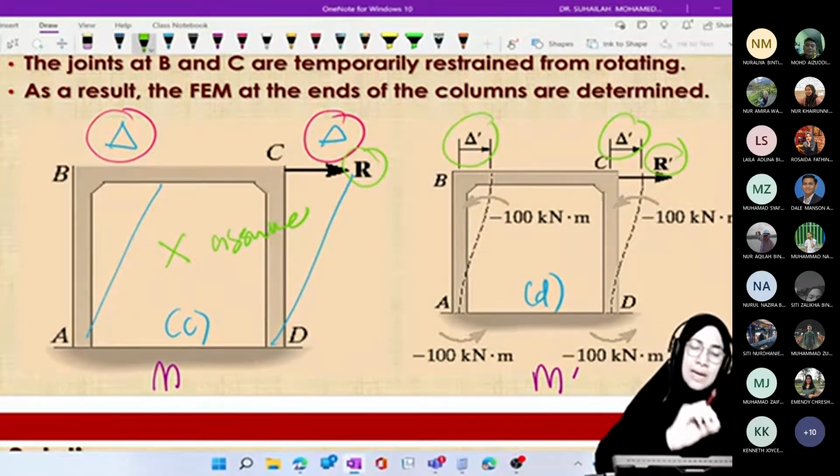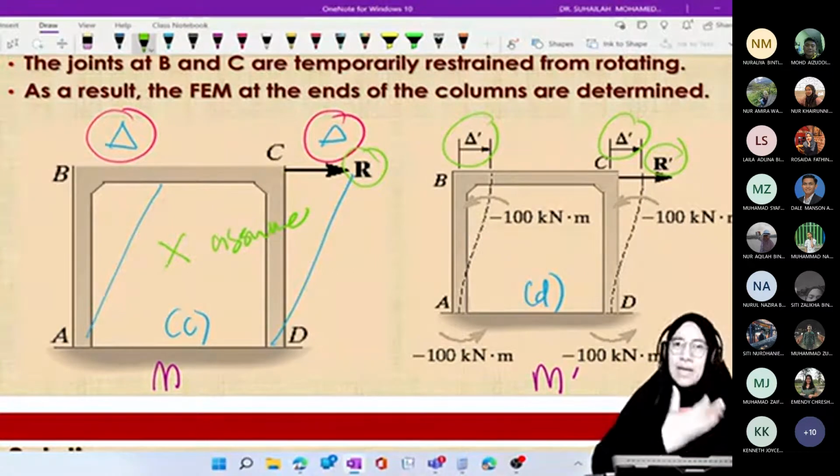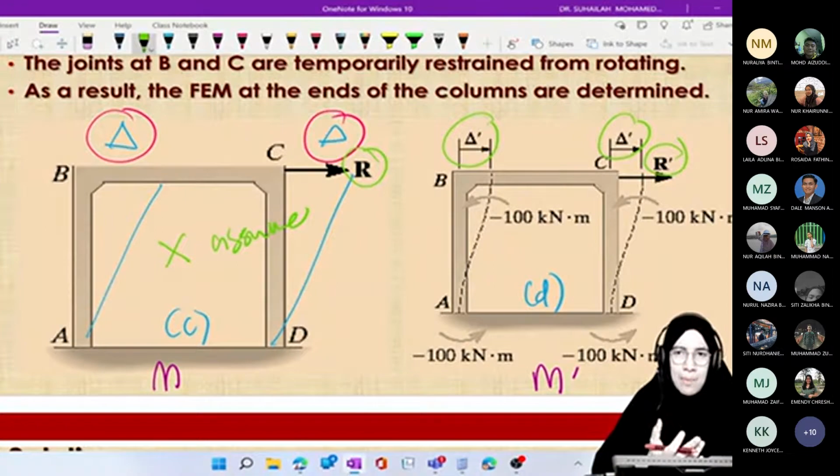That means the delta in diagram C is the real value, so we cannot assume it. We cannot calculate FEM and we cannot assume FEM for C.